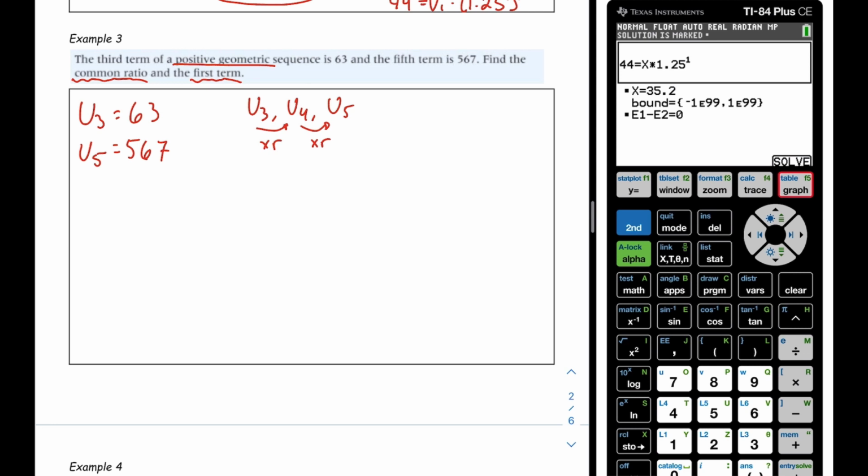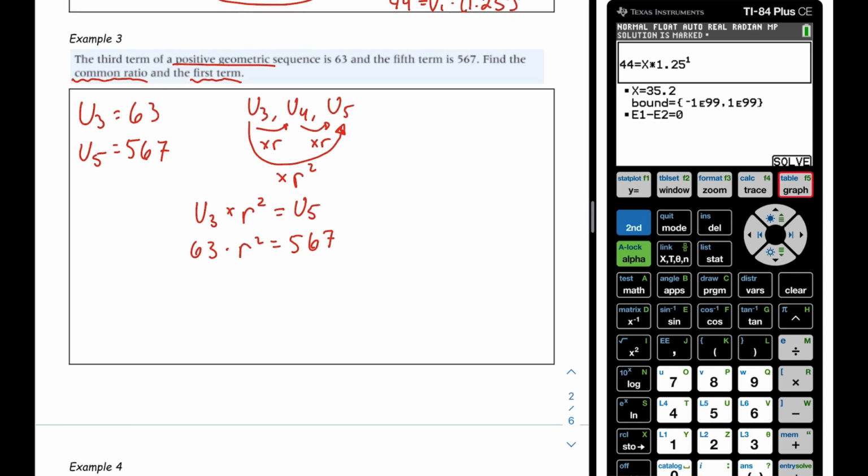So going from u3 to u5, this is r times r, so we're multiplying by r squared. So I can write an equation to talk about this. u3 times r squared is going to be equal to u5. Well, I know that u3 is 63, and I know that u5 is 567. So I can use this and find the equation for r.